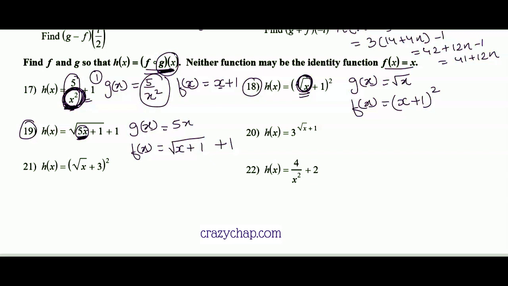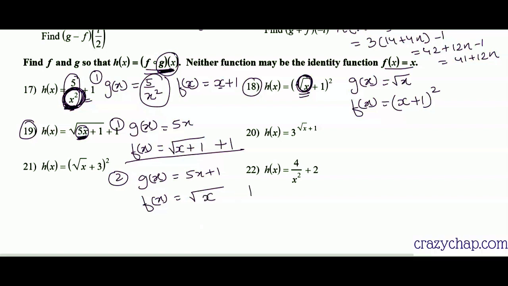This is your first answer. A second answer for the same question 19 could be: you could have supposed g(x) as 5x plus 1, and so your f(x) would be square root of x, and plus 1. This could be another set of answers.